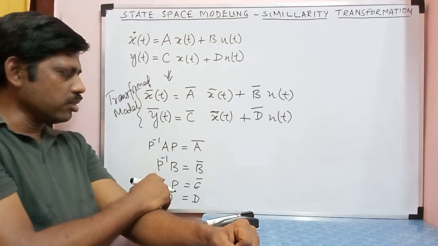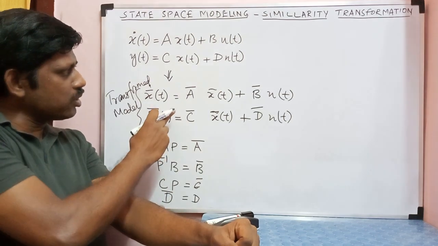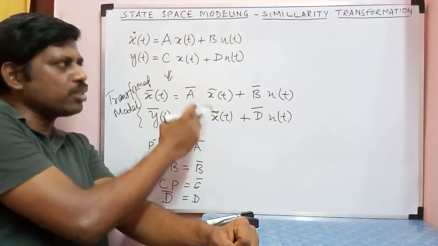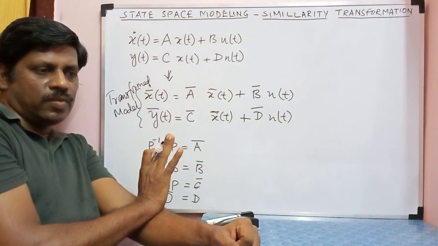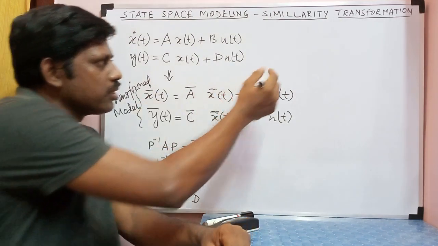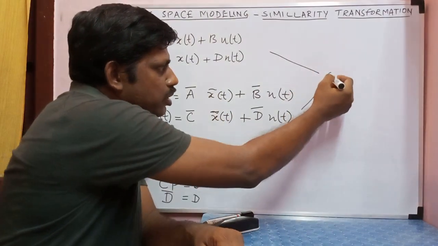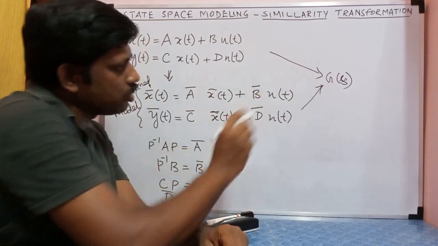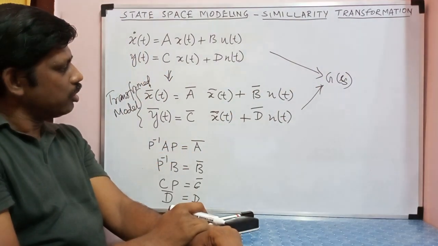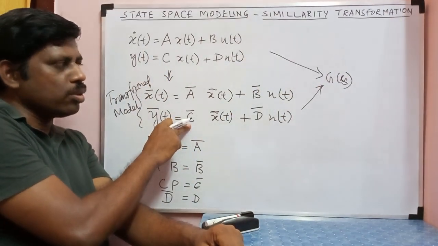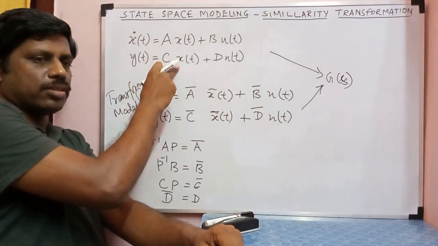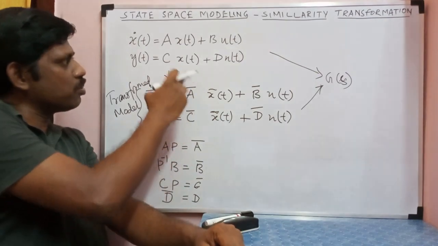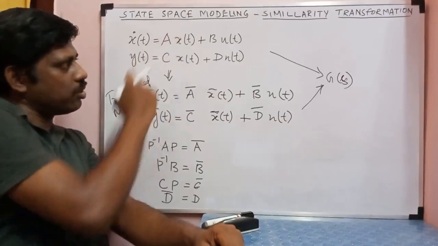Then the second thing is the transfer function, which I will be able to derive from this model and this model, and it should be the same. If I am able to get the same transfer function from these two models, then I say that this model also represents the same system represented by this set of equations.